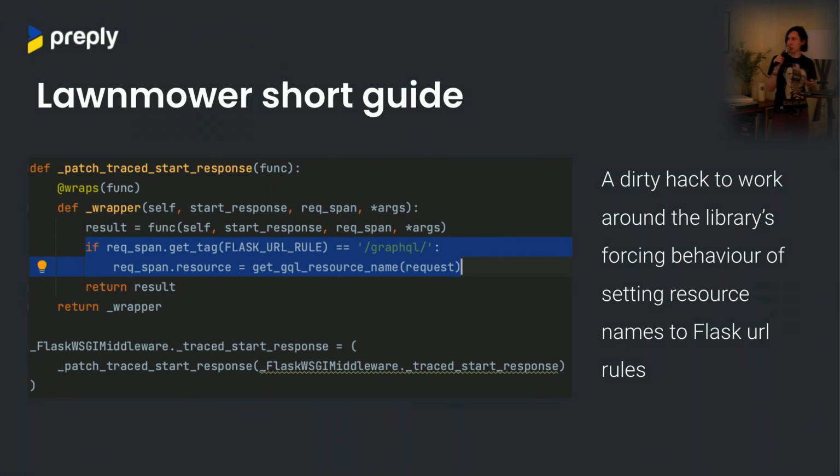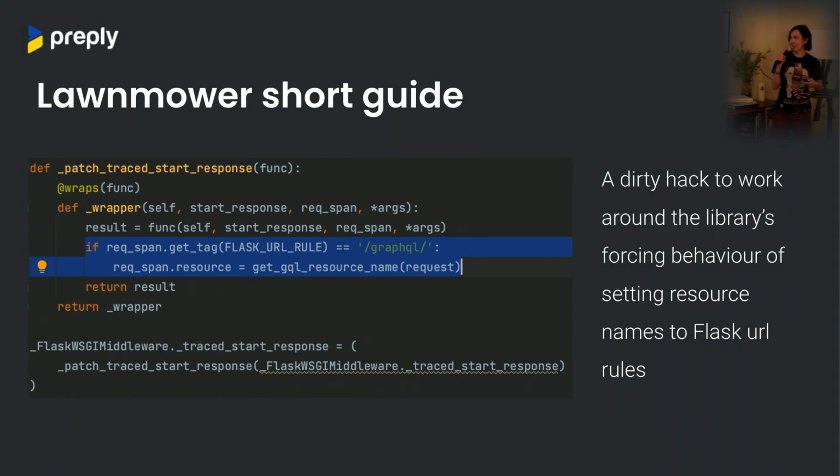It broke specifically for Flask applications, because the maintainers of the library, for some reason, decided to force setting the span resource name to the Flask application URL rule. And in our case, it was the GraphQL rule.